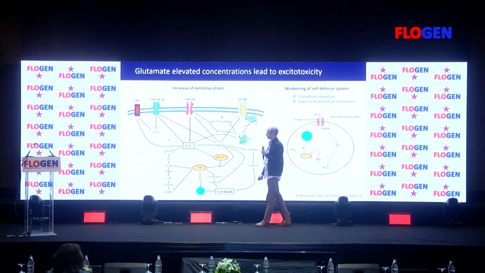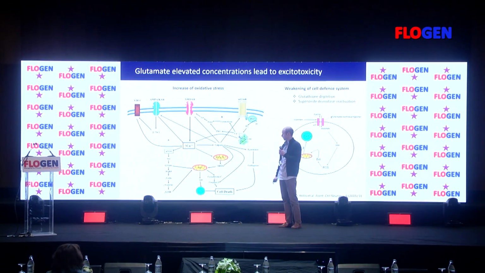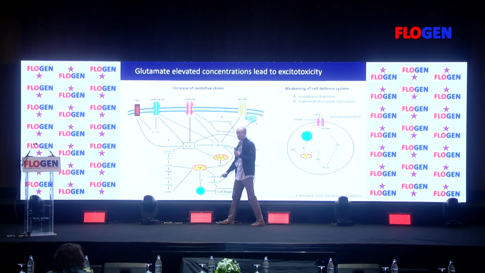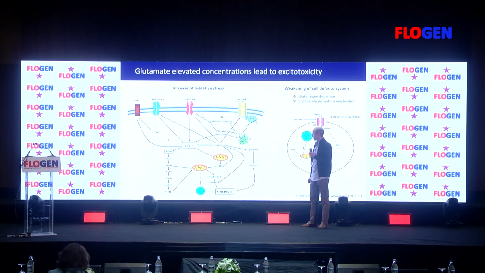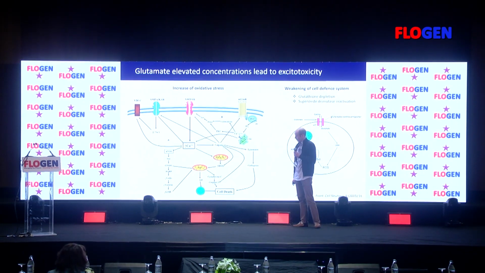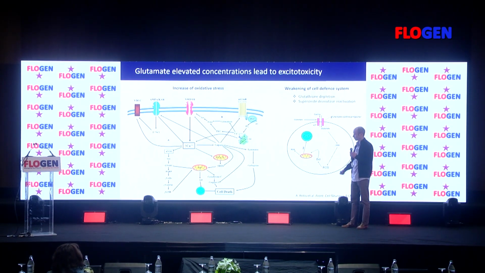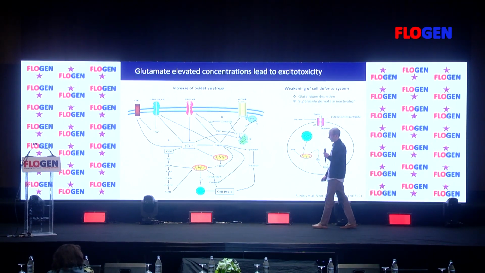This leads to an increase of intracellular calcium, which activates several other pathways, including nitric oxide synthase with the creation of nitric oxide and peroxynitrite, as was explained before, as well as affecting the correct work of the mitochondria, which increases the production of reactive oxygen species, which induce damage to various components of the cell and may lead to cell death.